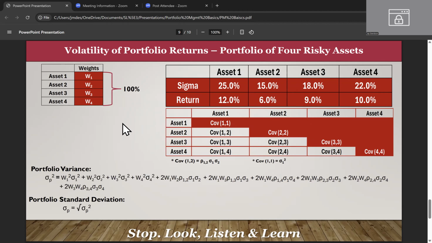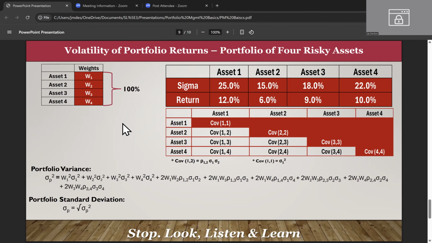You may get a problem where there are three assets if the test writers were in a particularly bad mood when they put the test together, but because it's so time consuming and you're not going to have access to a computer like Excel, Python, or any of those software programs, you're just not going to have enough time to do much of anything other than maybe compute the return of a portfolio consisting of four assets, right?